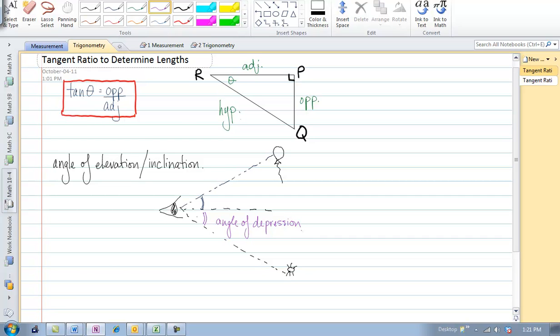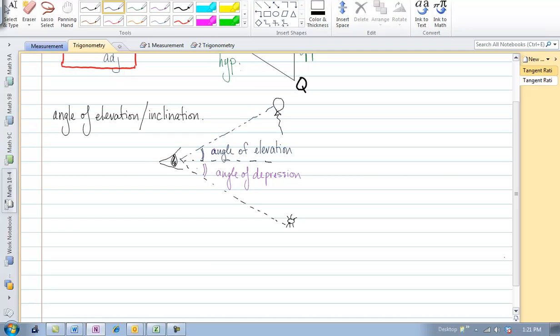So the key thing to remember is whether we're talking about the angle of depression or the angle of elevation, it is always going to be relative to that horizontal line of sight. Okay? So let's just make a note of that. So always relative to the horizontal line of sight.